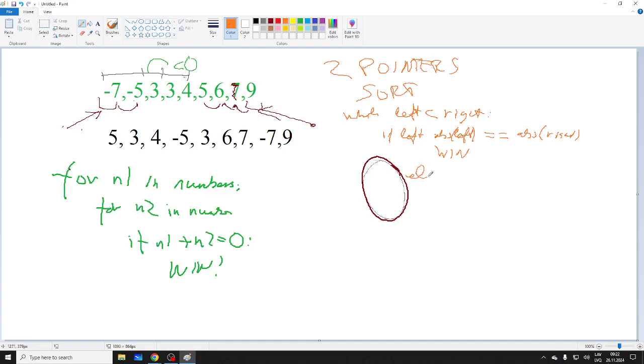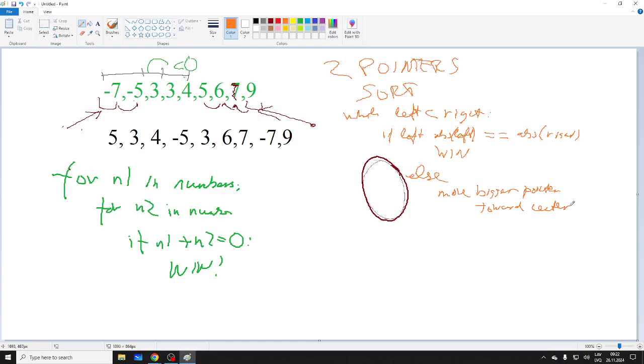Else, depending, we move one pointer. Move the bigger pointer towards the center. Again, this is a really not precise definition. We'll see in the second part of the lecture, we'll write some code as well, and see some solution.